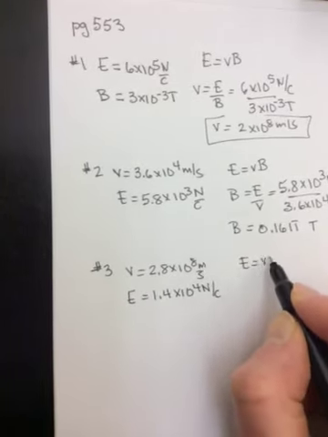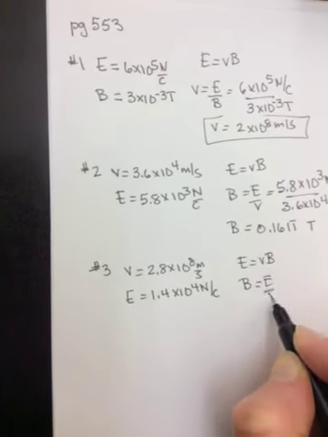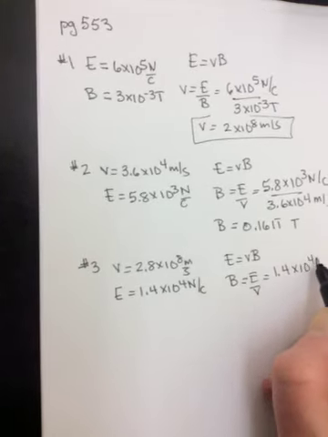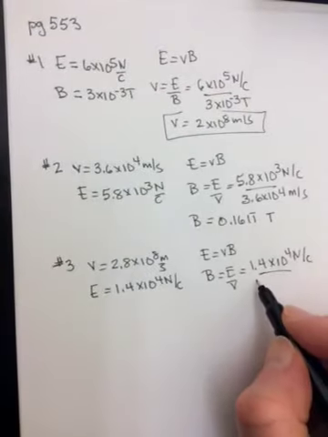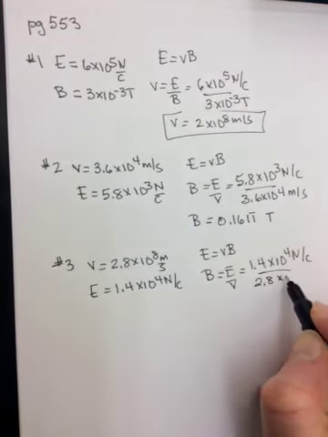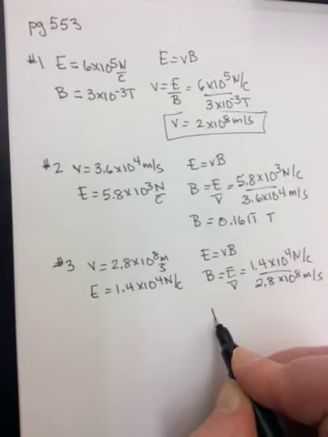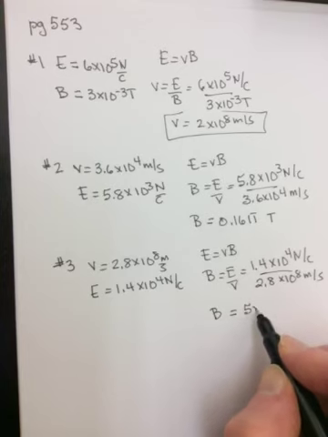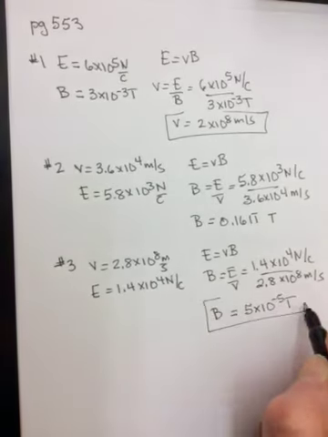So E equals VB again, so B equals E divided by V. So 1.4 times 10 to the 4th newtons per coulomb over 2.8, so that's going to be a half, times 10 to the 8th meters per second, and you should get a B of 5 times 10 to the negative 5 Teslas.